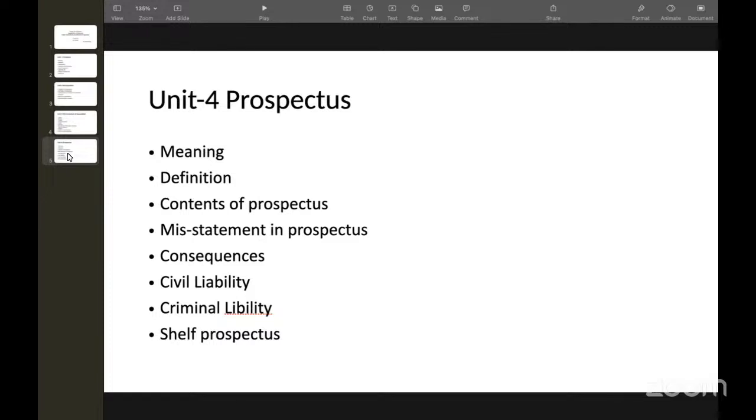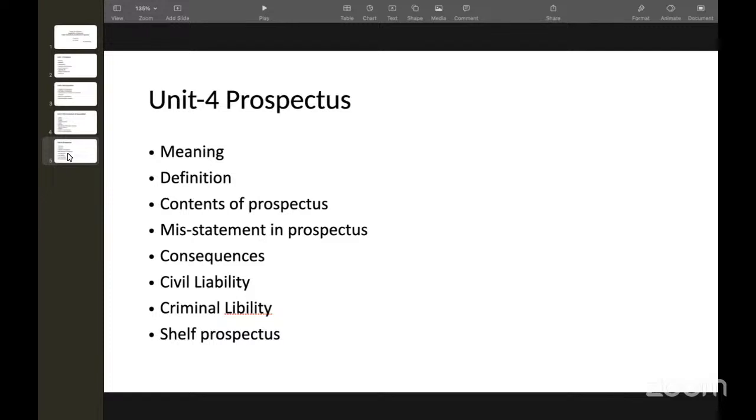There are two consequences. That is, first is civil liability, and next is criminal liability. Then we had the case example of criminal liability.